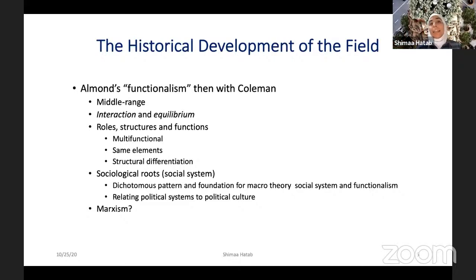The reason I'm explaining this to you is that rational choice and the three schools we are going to explain in some detail, spending almost the whole semester on them, are not the only efforts at building a theory in comparative politics.